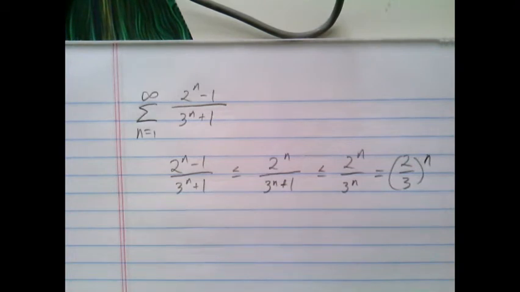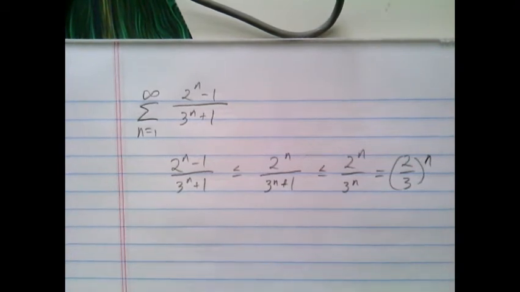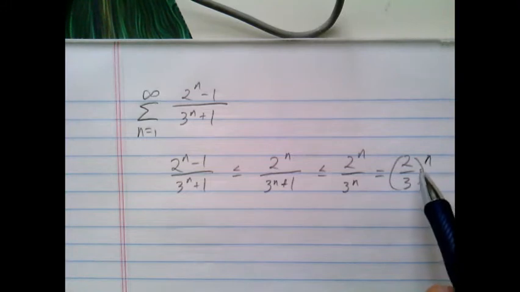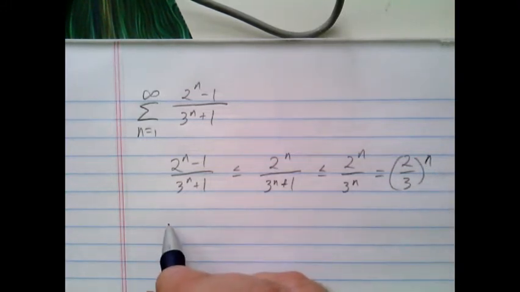Alright, so I've just shown that 2 to the n minus 1 over 3 to the n plus 1 is less than or equal to (2/3) to the n.